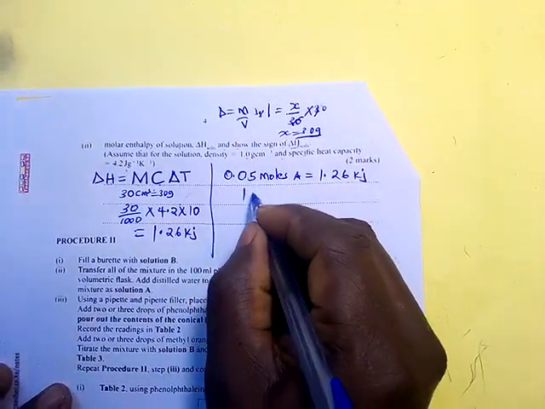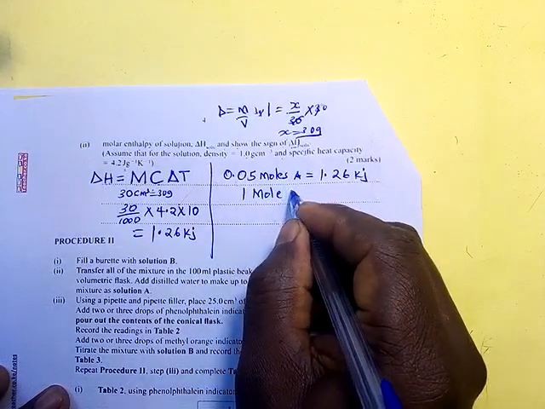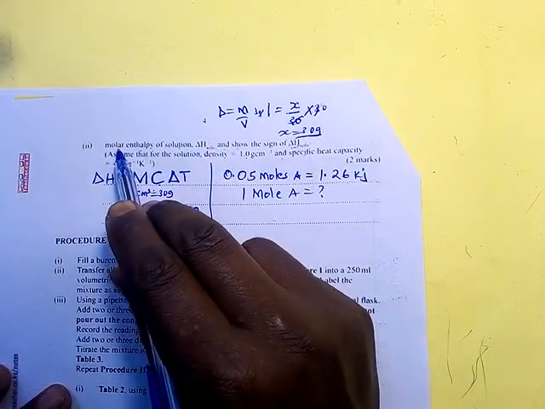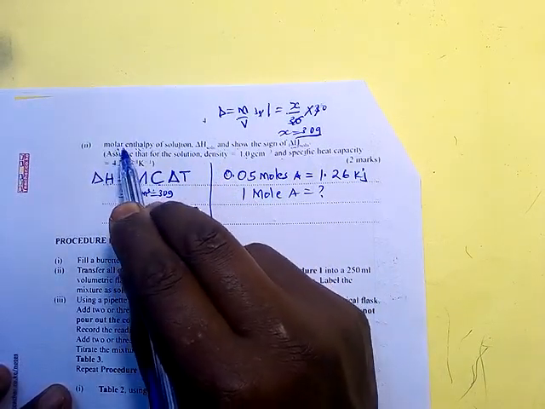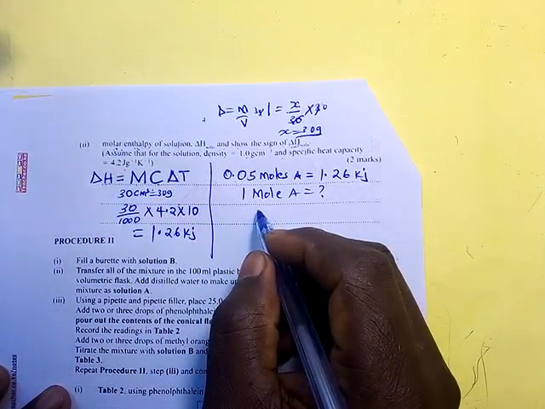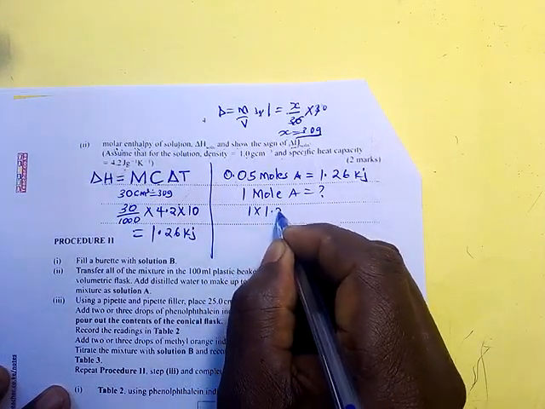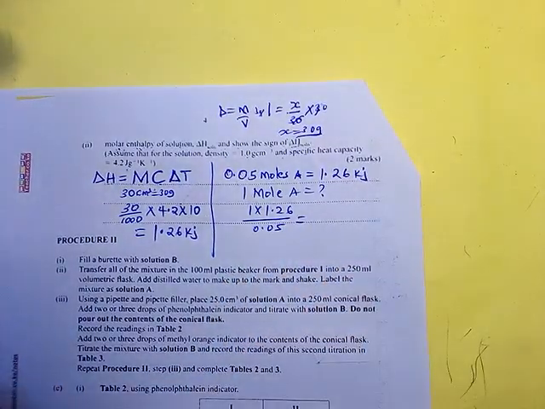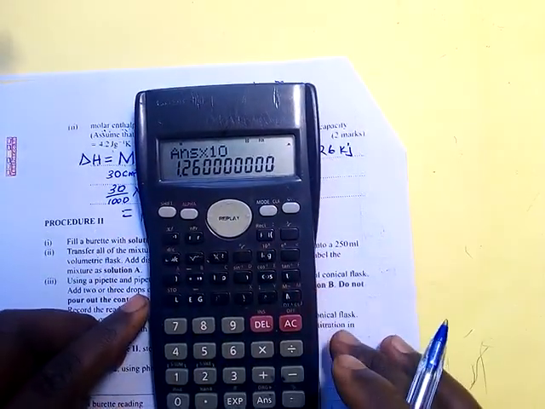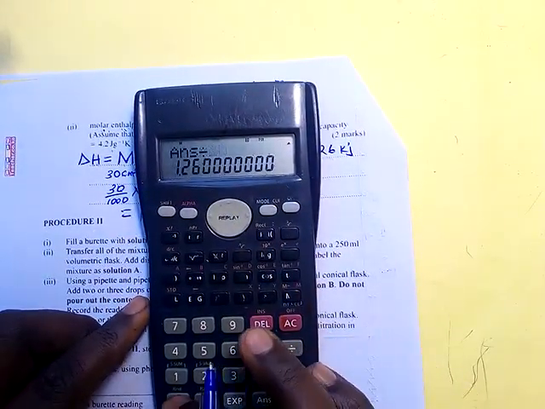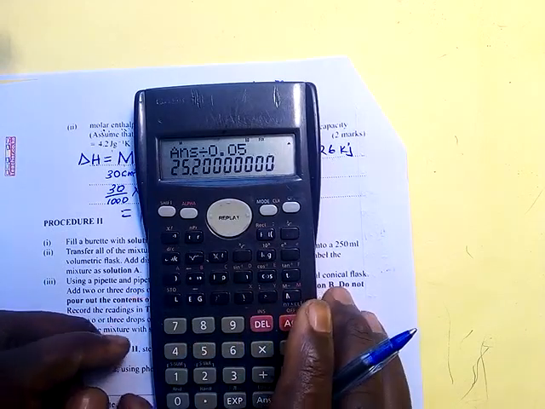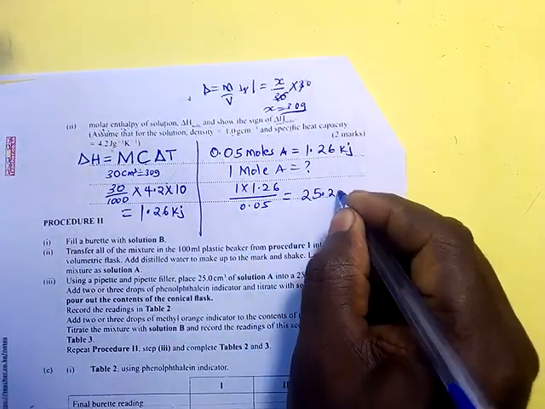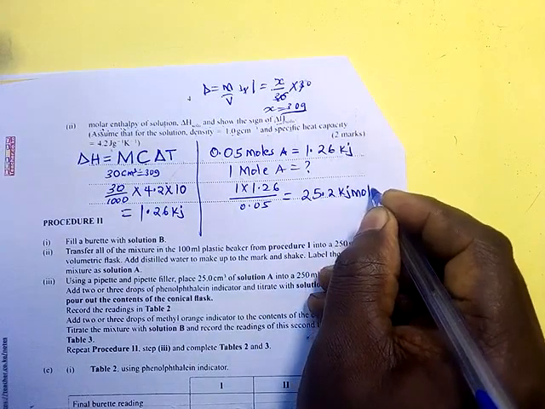We want to know 1 mole of A would produce what amount of heat, because we want molar enthalpy. Molar means for 1 mole. So 1 times 1.26 divided by 0.05. Bring your calculator, this answer, and then divide by 0.05. That gives you 25.2. Now this one is 25.2 kilojoules per mole.